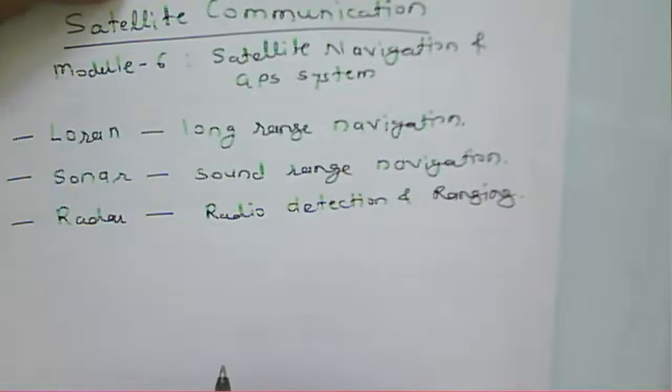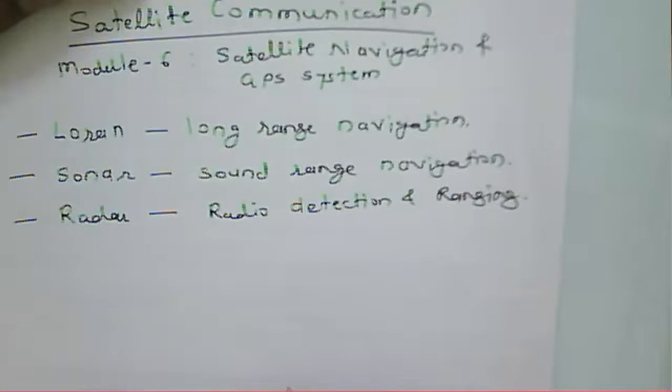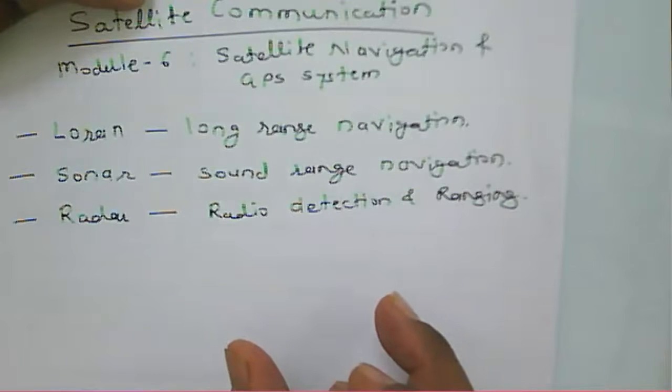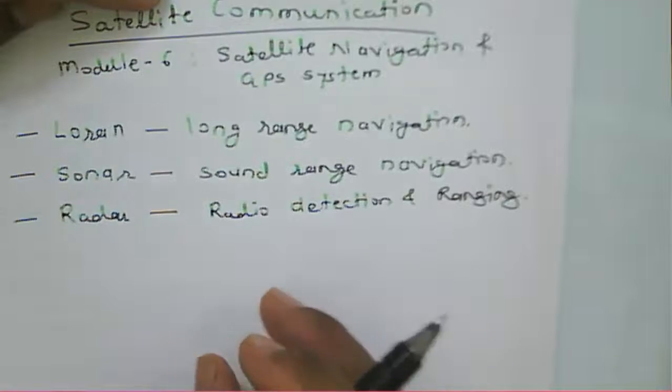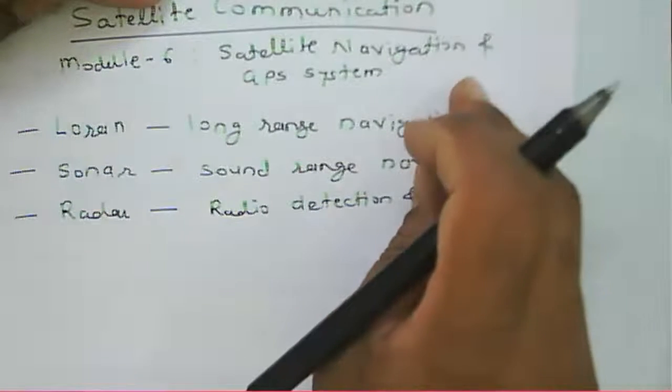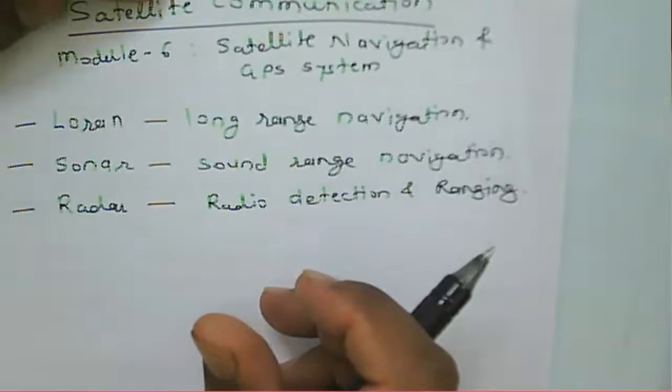LORAN, sonar and radar are the navigation systems used in electronic navigation, and through these we find out the position of the given object.